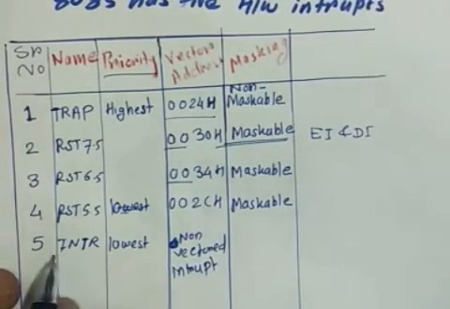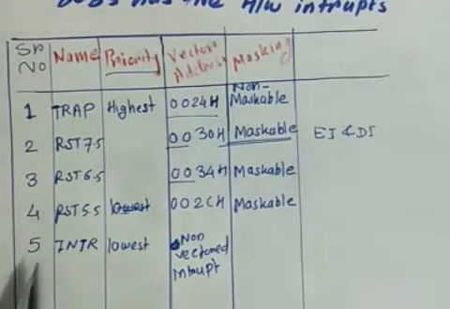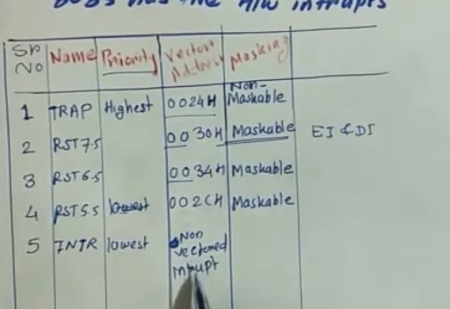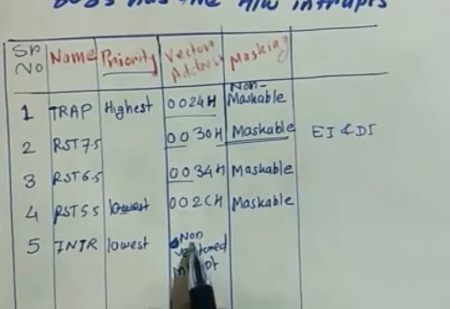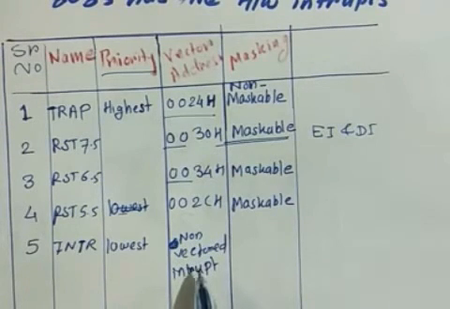INTR has the lowest priority and is a non-vectored interrupt, meaning the external device has to provide the ISR subroutine address to the microprocessor.